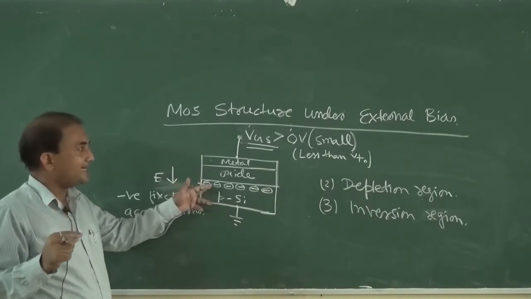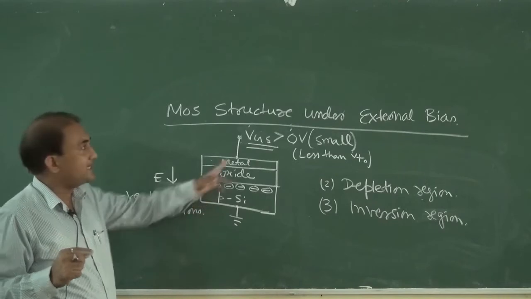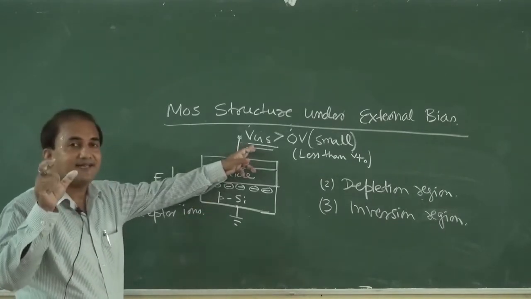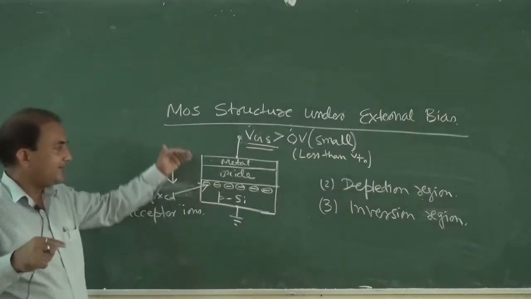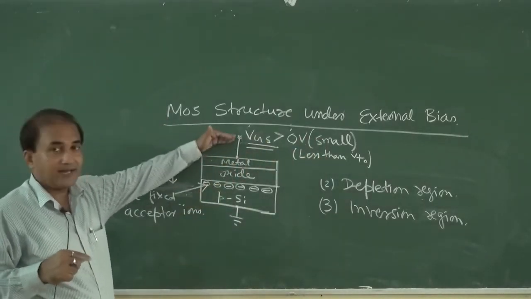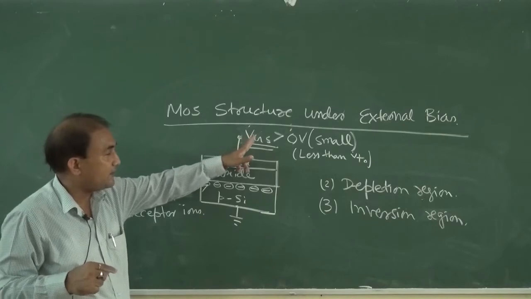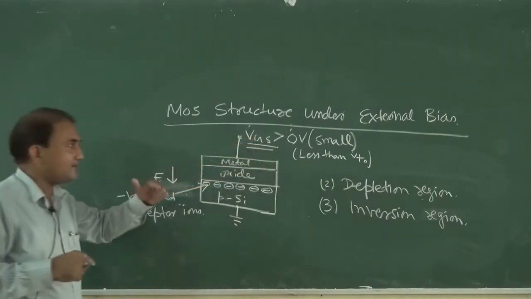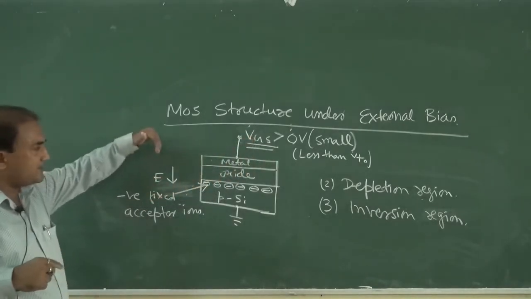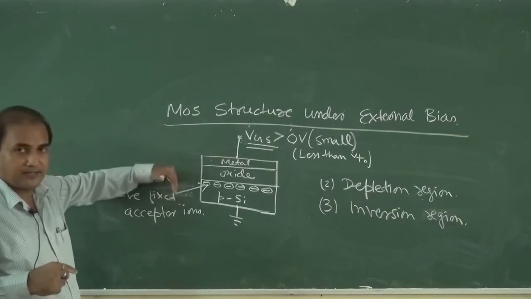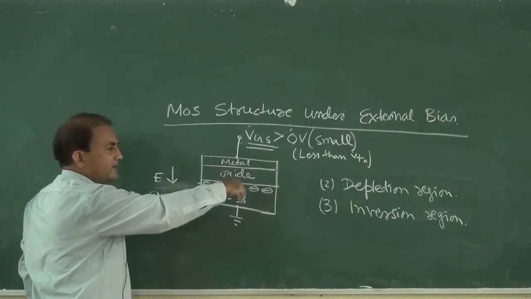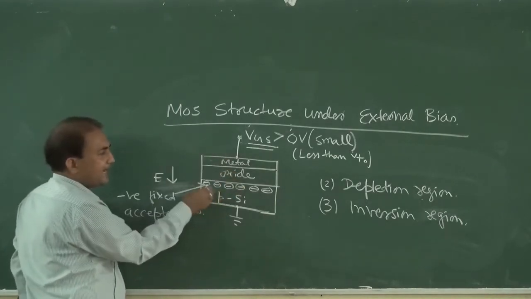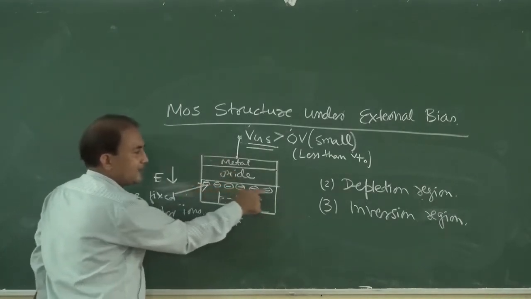So how are these created? They are created by the application of a very small gate voltage, less than the threshold voltage of this device. Because of the positive small gate voltage, the direction of the electric field will be downward, so holes will move downward, leaving behind fixed acceptor ions.